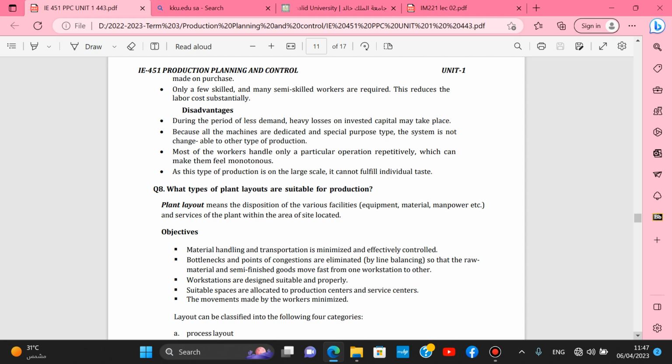Plant layout means the disposition of the various facilities, equipment, material, manpower, etc. and services of the plant within the area of site located. يعني هنا كيف راح ننظموا our factory، كيف how we will arrange it or organize it, equipment, material. هذا عنده تأثير على production system.